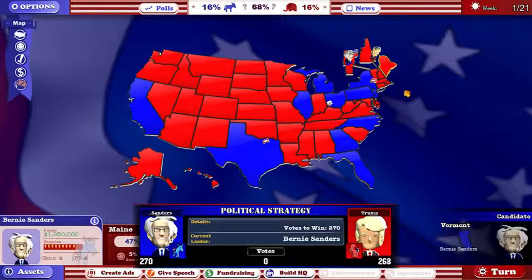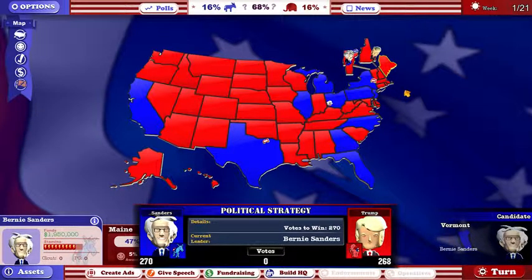For the other 2 in Maine and the other 3 in Nebraska, there are contests within the congressional districts within those states. Maine has 2 congressional districts and 2 representatives. Nebraska has 3 congressional districts and 3 representatives.